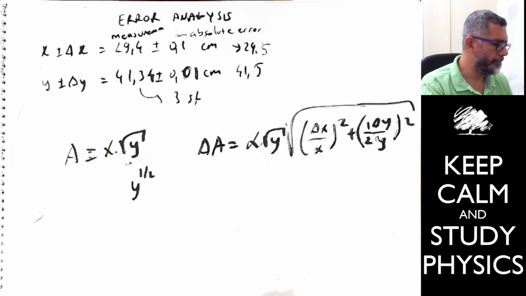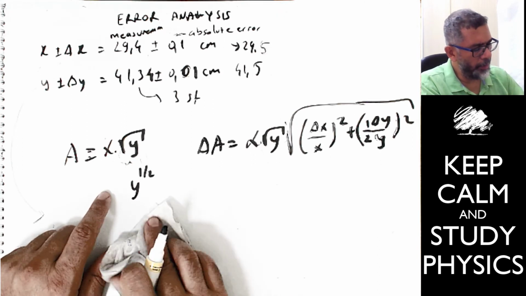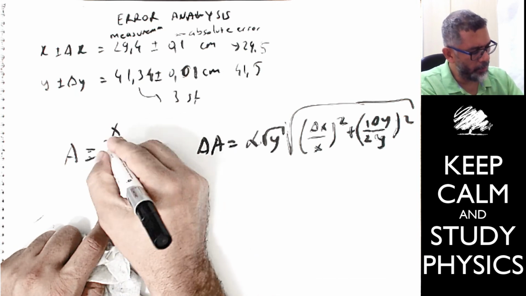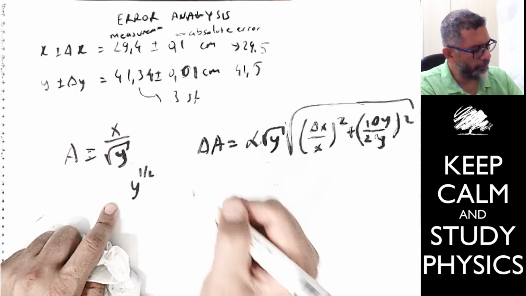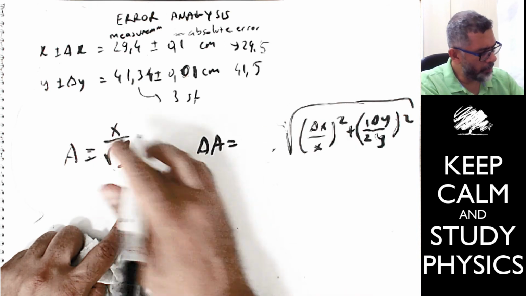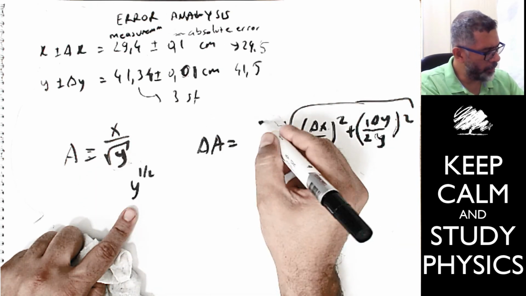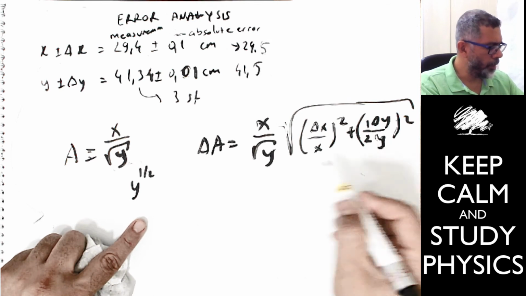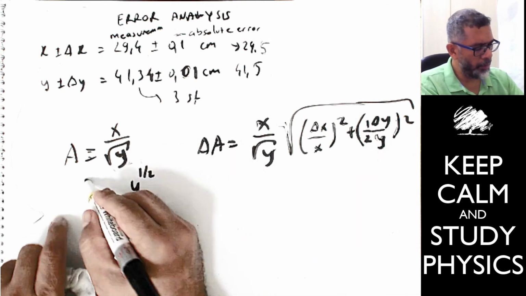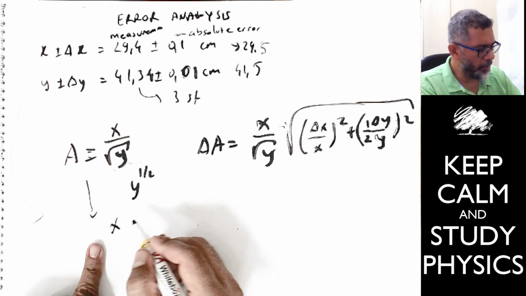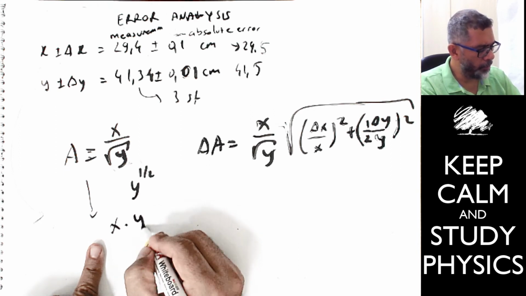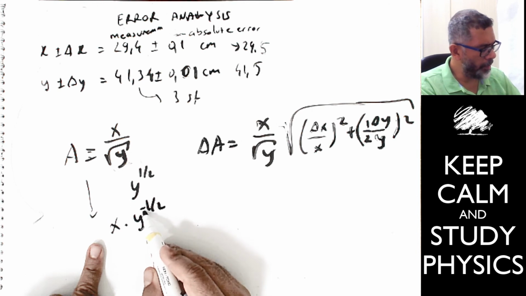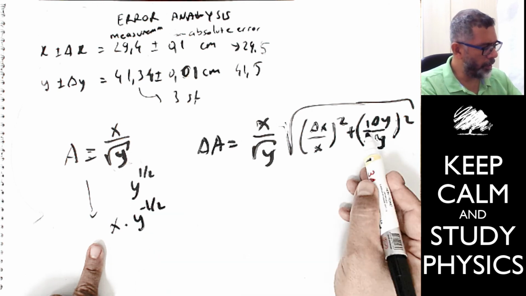Alright. Well, what about x divided by square root y? Of course, you modify a to be x divided by square root y. But this will not change the 1 over 2. I mean, x divided by square root y simply means x times y to the minus 1/2. But if your power has a minus sign, it doesn't change the factor.